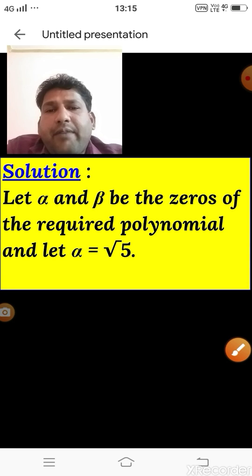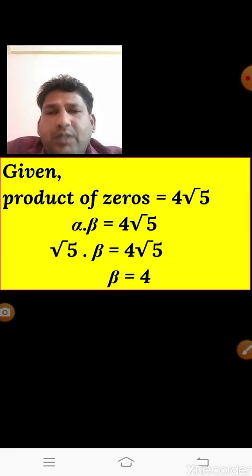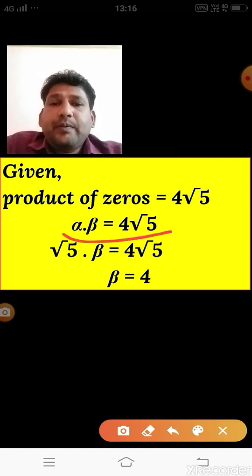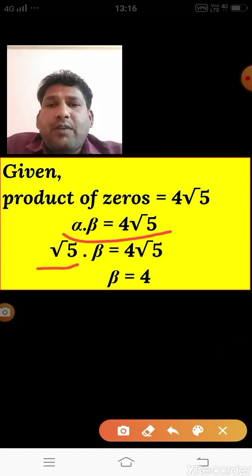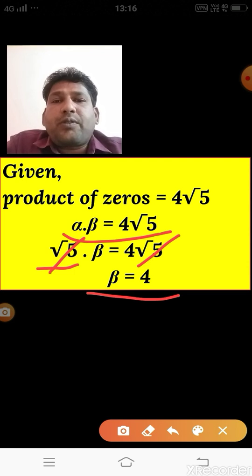Using the concept of the product of zeros, alpha into beta, and putting alpha as root 5, root 5 cancels out and we get beta equal to 4. This question is of 2 marks, and for finding the value of the zero we get half marks here.